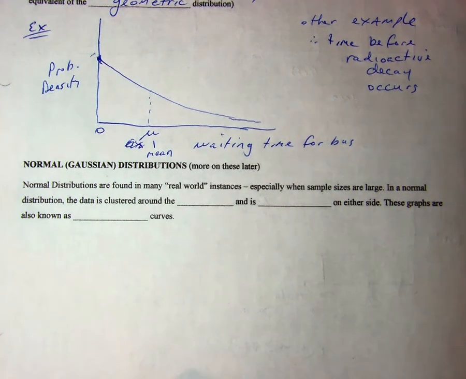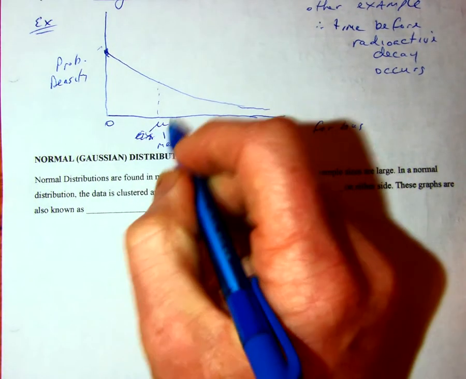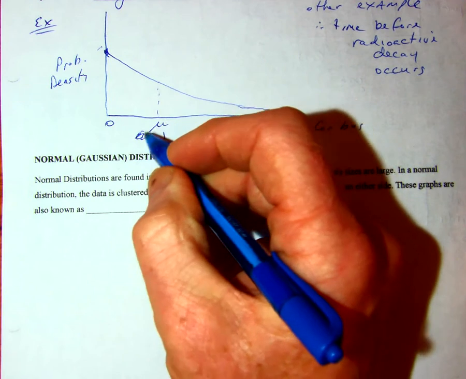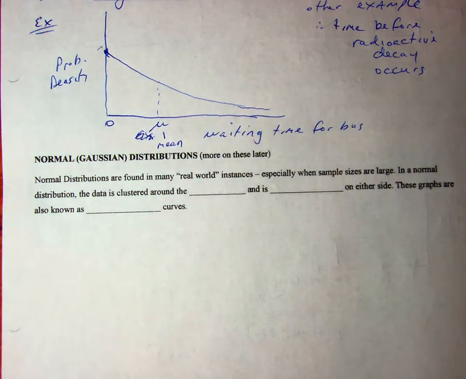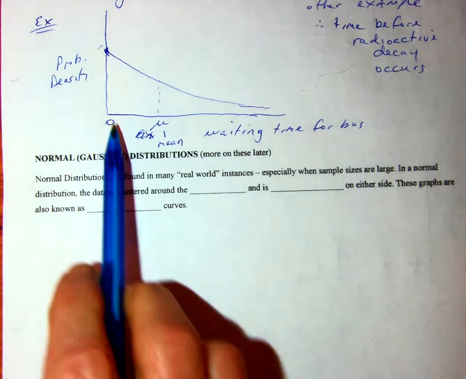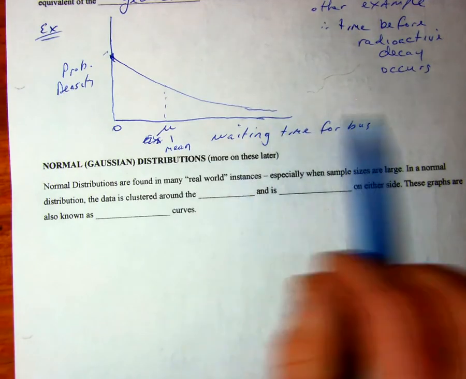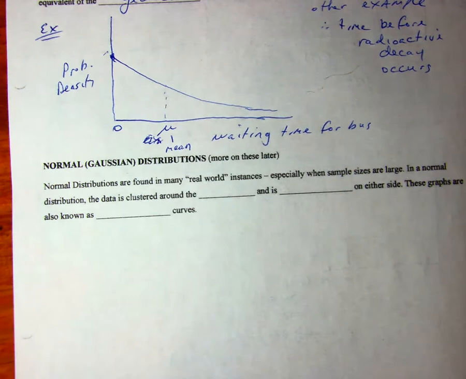There's actually two symbols for the mean, depending on if you're talking about a population or a sample. But if it's for a population, the mean is just this. It's the letter mu, a Greek letter mu. It's the mean. So there is an average waiting time, but there is a possibility that you get the result very quickly, or the result be very, very distant in the future. But there is an average.